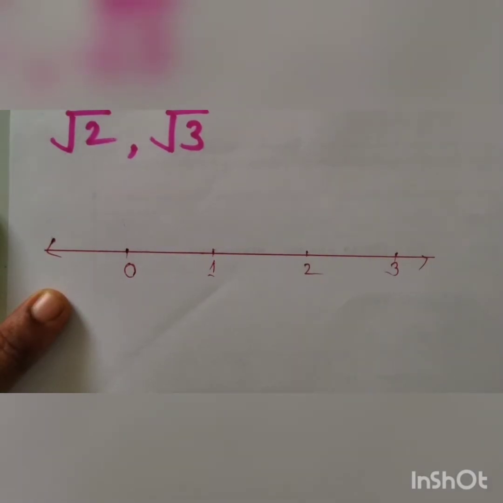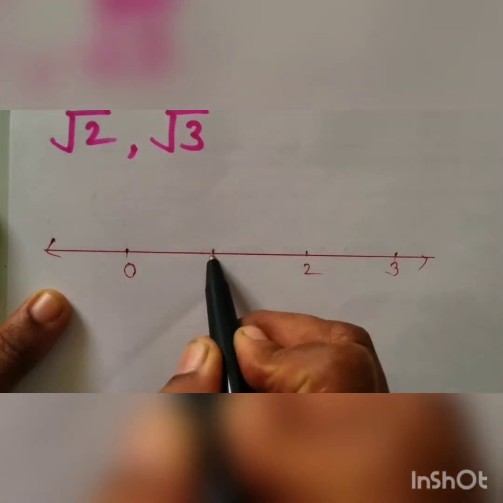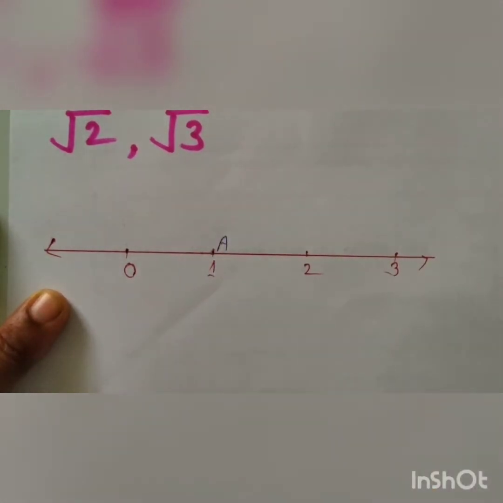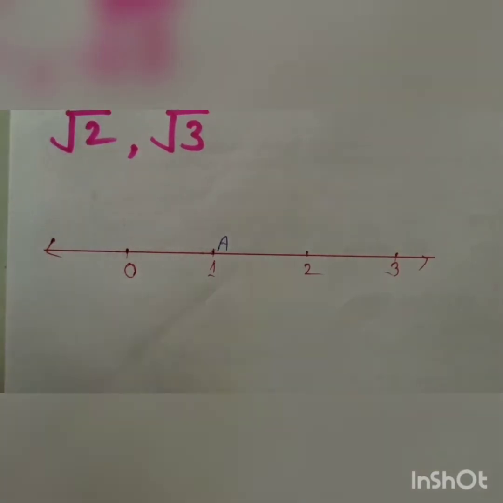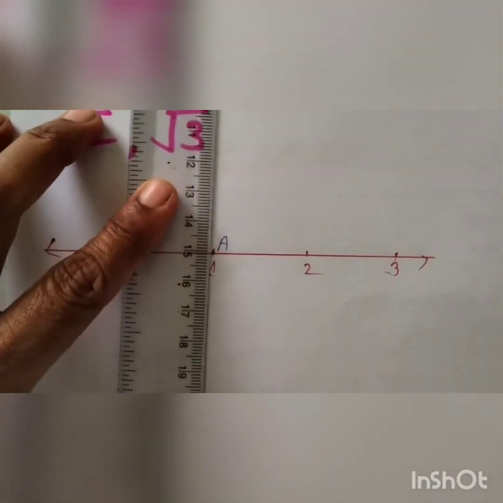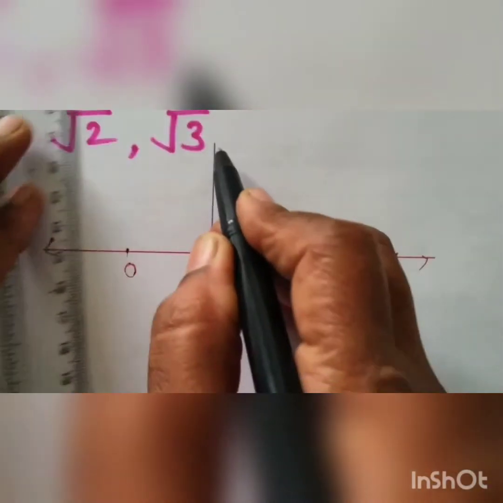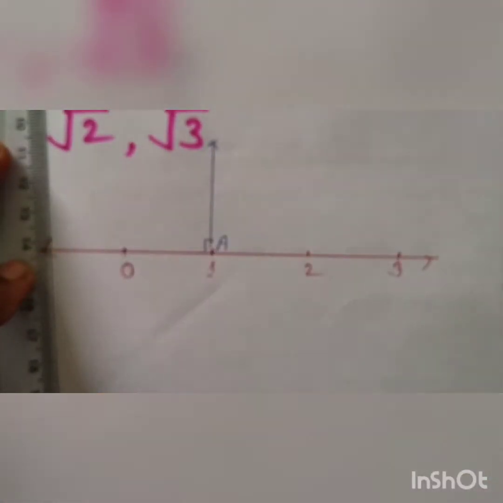For that, take a point here. This point 1 will be A, suppose. On this point A, draw a perpendicular segment. It is perpendicular.